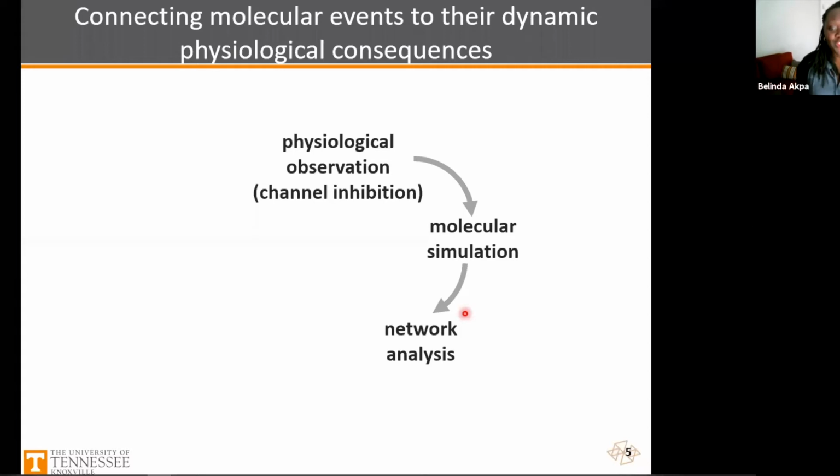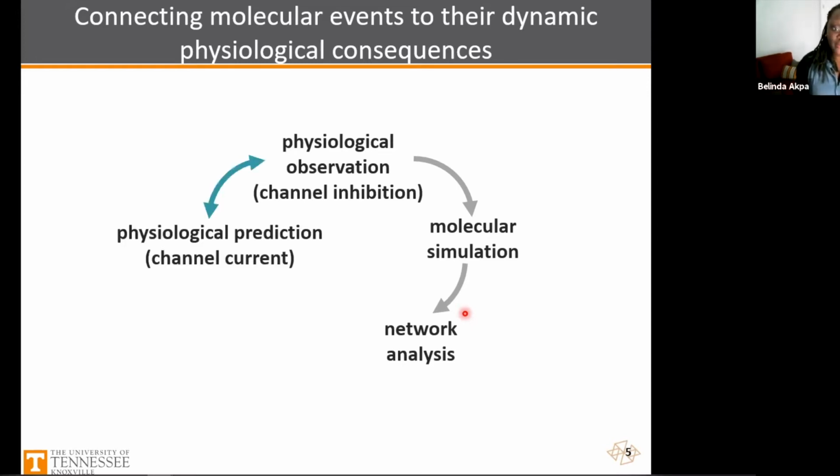Ideally, however, what we would want to do is predict something with our computational investigation that is measurable in an experimental setting. So we usually want to get to the point where we can predict something we know is measurable, like the ion channel current, which I showed you on the previous slide, because that then allows you to compare an experiment to a computational prediction that we know is grounded in a particular set of molecular phenomena that we think might explain the physiological observation.